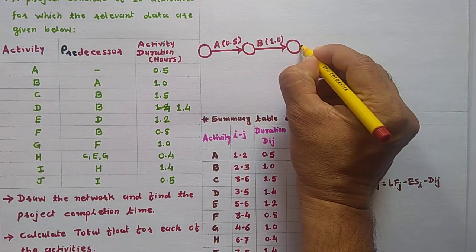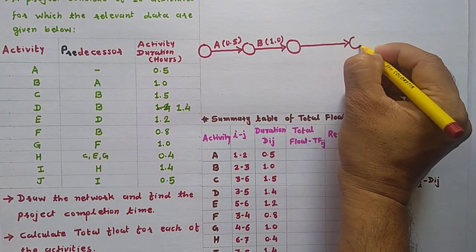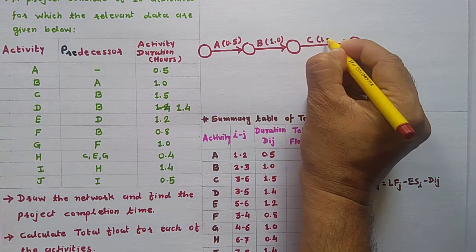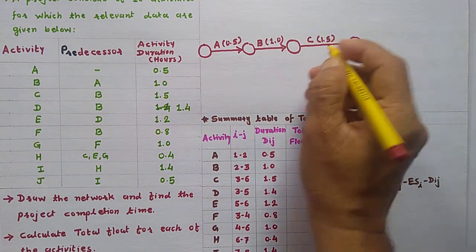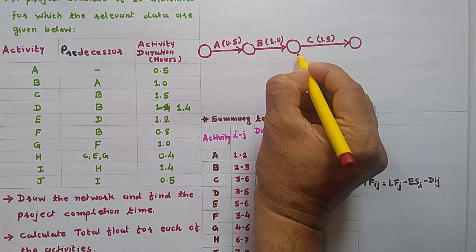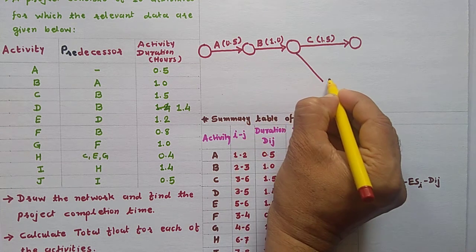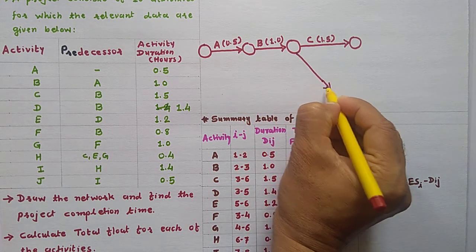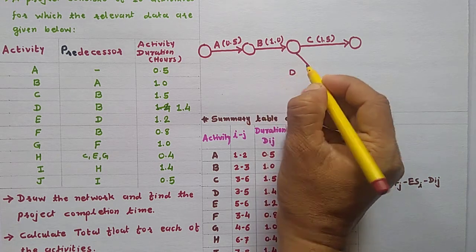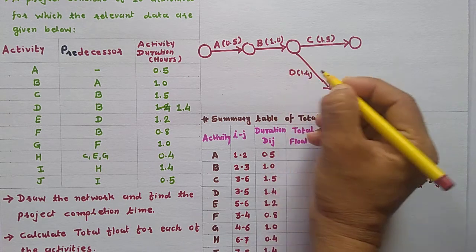Then activities C and D, predecessor B. So this is activity C, the duration 1.5 hour. Then activity D, predecessor B. So this is activity D and the duration 1.4.